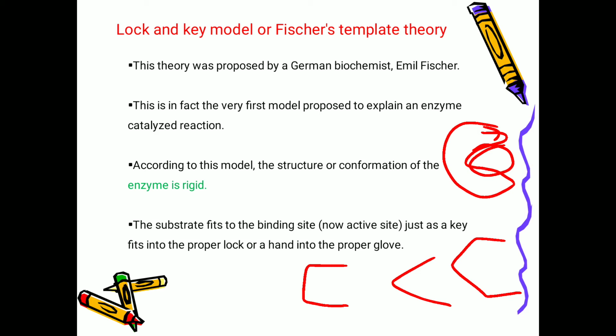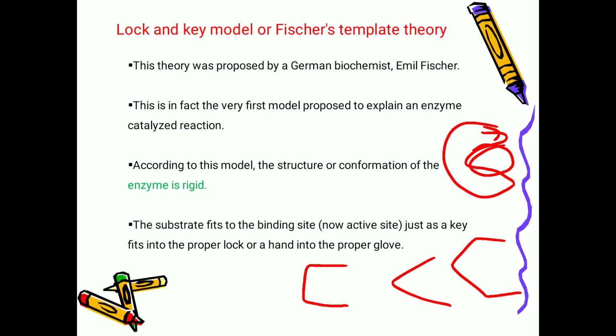And the substrate fits to the binding site, that is the active site, just as a key fits in the proper lock or a hand into the proper glove. See, why it is called lock and key model is, lock is like the enzyme and key is the substrate. Only one key can be fitted in one lock. The other key cannot be fitted in that lock.